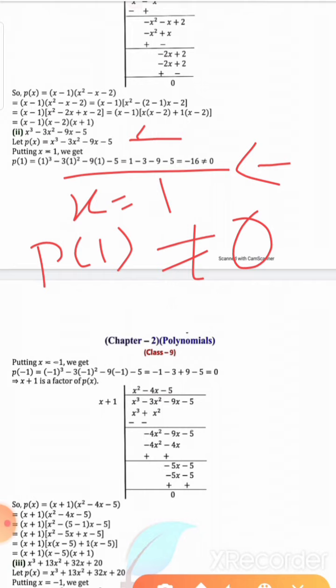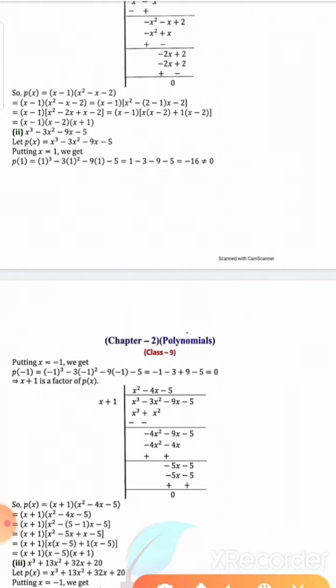Again we try the value x equal to minus 1. Substituting x equal to minus 1 in our polynomial, we get p of minus 1 is equal to minus 1 cube minus 3 into minus 1 square minus 9 into minus 1 plus minus 5. Simplifying this step we get the answer 0.